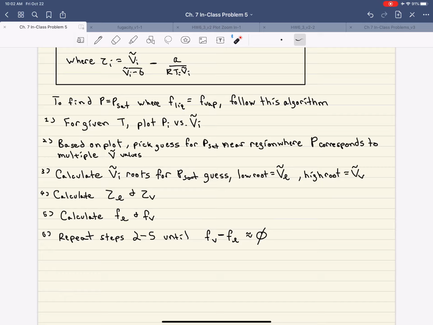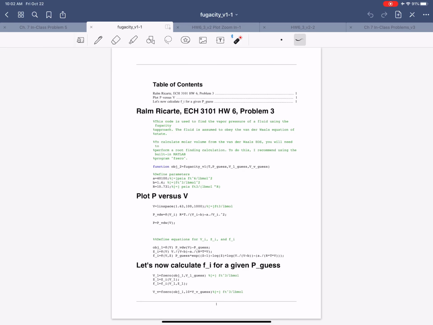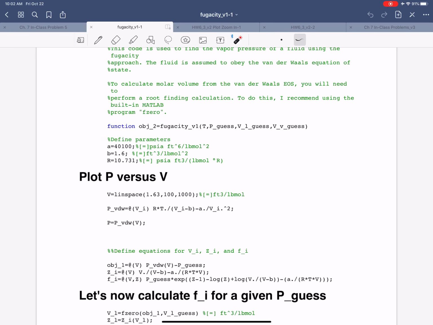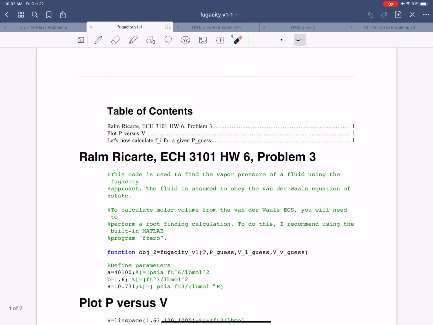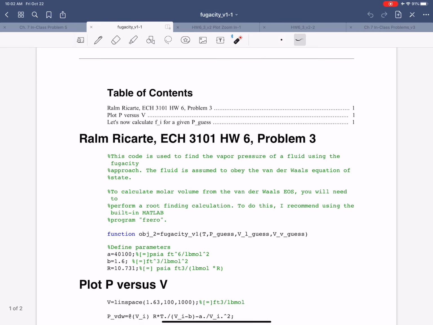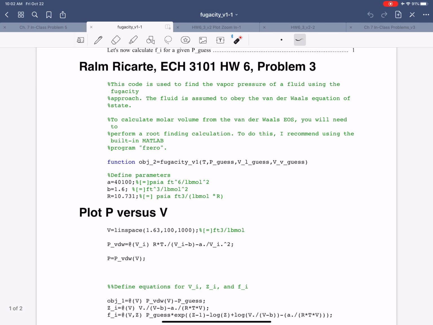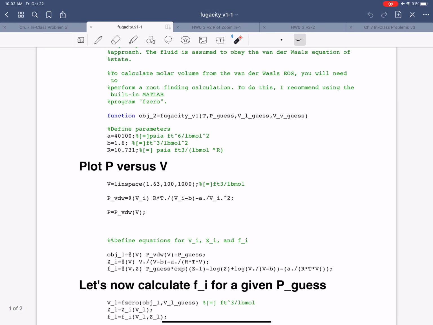This first code is just used to calculate the fugacities of the liquid and vapor phases. I call this code fugacity version 1.